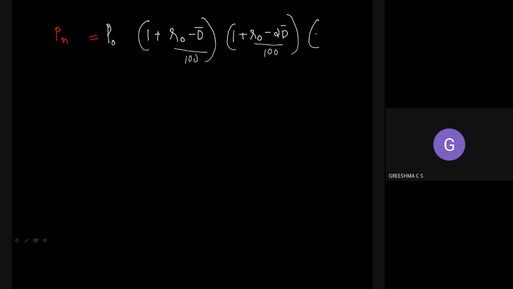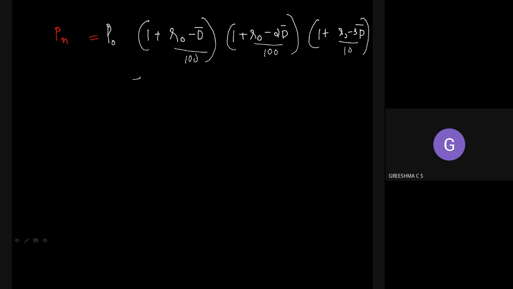The projected population Pn is equal to P0 into 1 plus R0 minus D dash divided by 100, into 1 plus R0 minus 2D dash divided by 100, into 1 plus R0 minus 3D dash divided by 100.